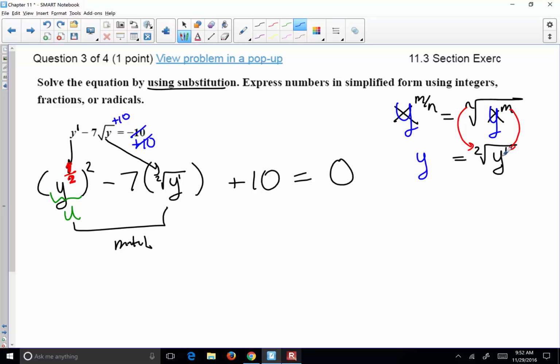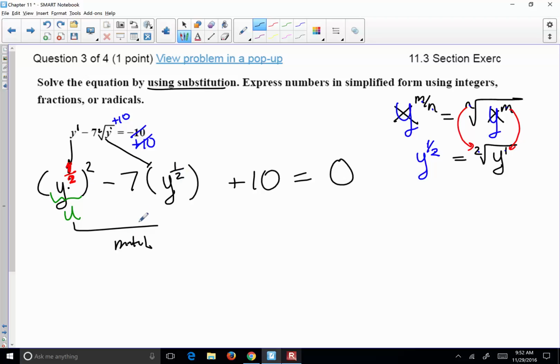It becomes 1 over 2. m over n. Right? So, isn't this thing now the same as this? Square root first power of y is y to the 1/2 as well.